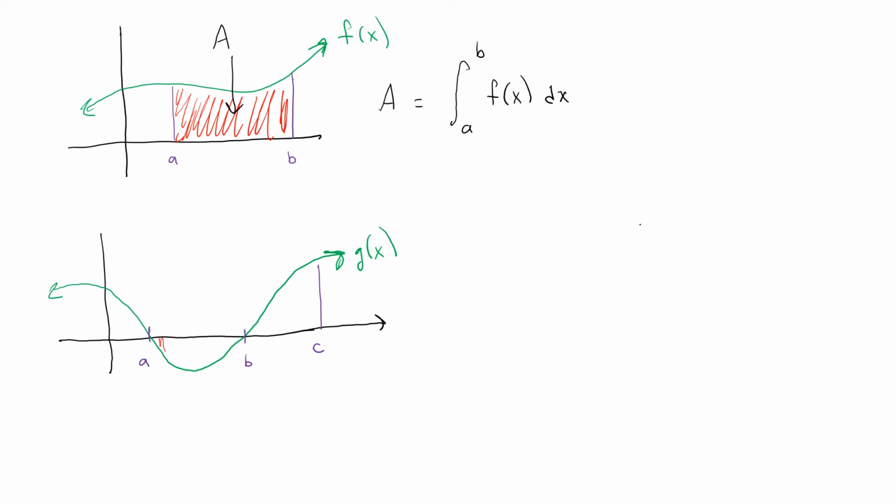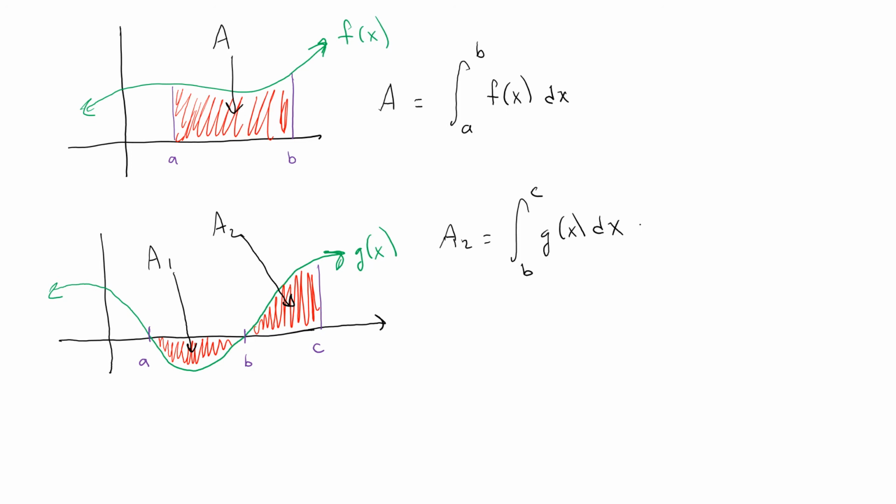I'm going to color in this region, and this region, and I'll refer to that region as A sub 2, and that region as A sub 1. If I wanted to find A sub 2, that's no different than the picture on the top. To get A sub 2, I would just integrate g of x from b to c. That's no different than the first picture.